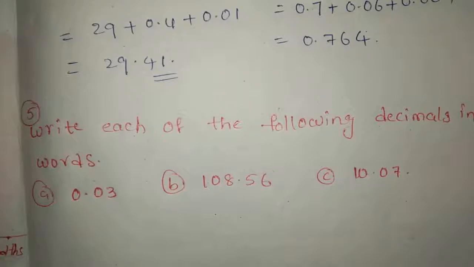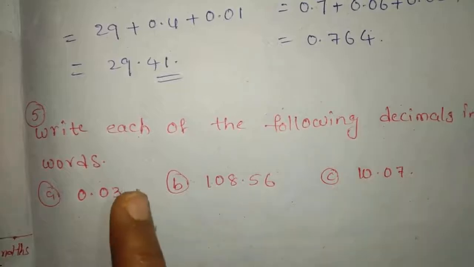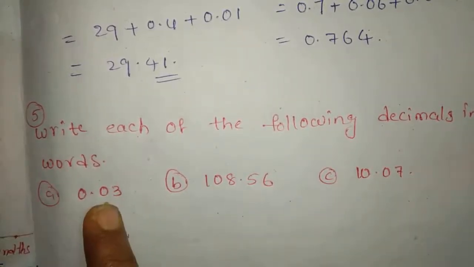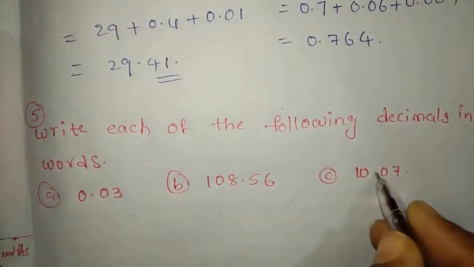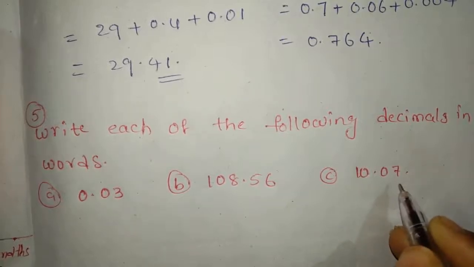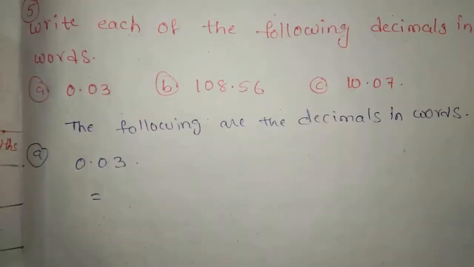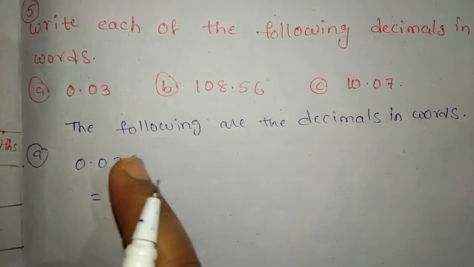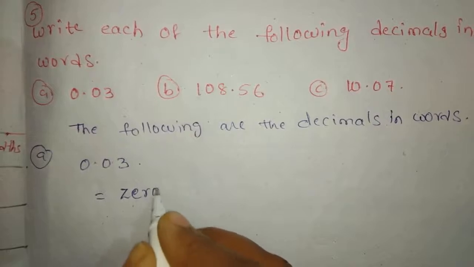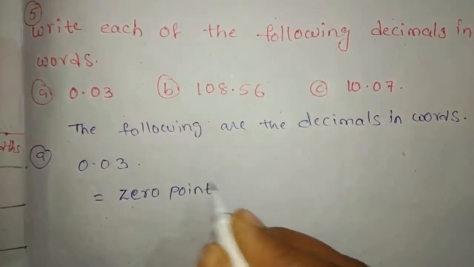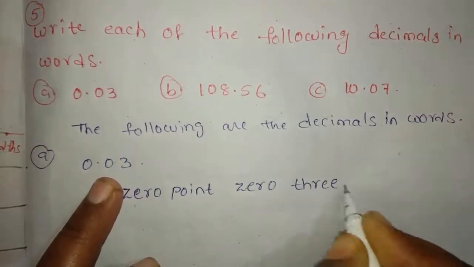Okay. Now let us see the next question, that is the fifth one. Write each of the following decimals in words. A is 0.03, B is 108.56 and C is 10.07. Now these decimals we write in words. The first one is 0.03.